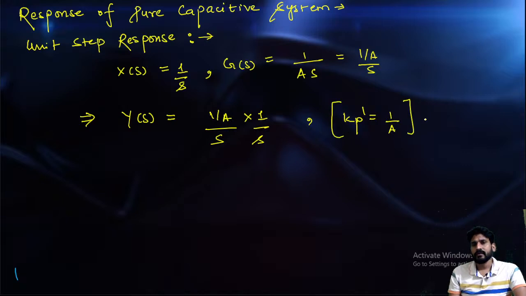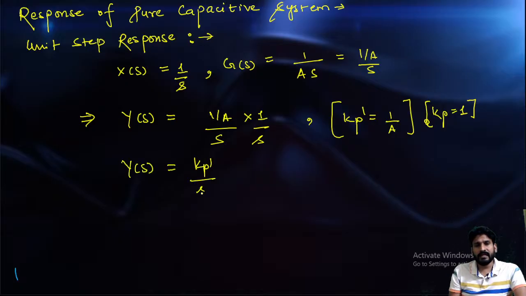Kp dash is nothing but a constant, so don't get confused. So Y(s) is equal to Kp dash divided by S square.